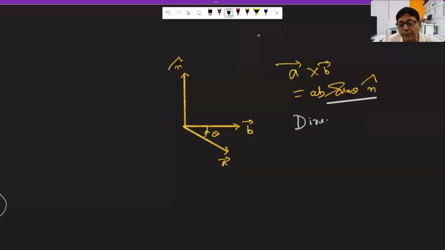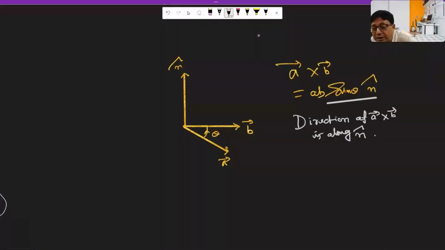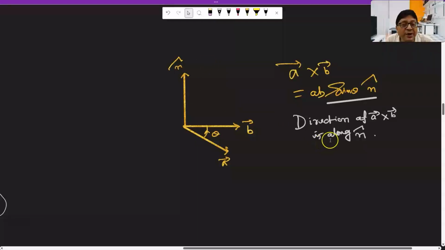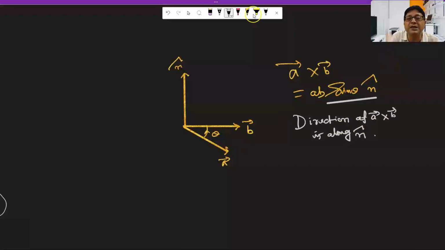Direction of A cross B is along n cap. Okay, why is it so important in the discussion of flux? Obviously it is important. Let's proceed. What is the geometrical meaning of this A cross B? Once more, before we start the geometrical meaning, let me make this part clear.